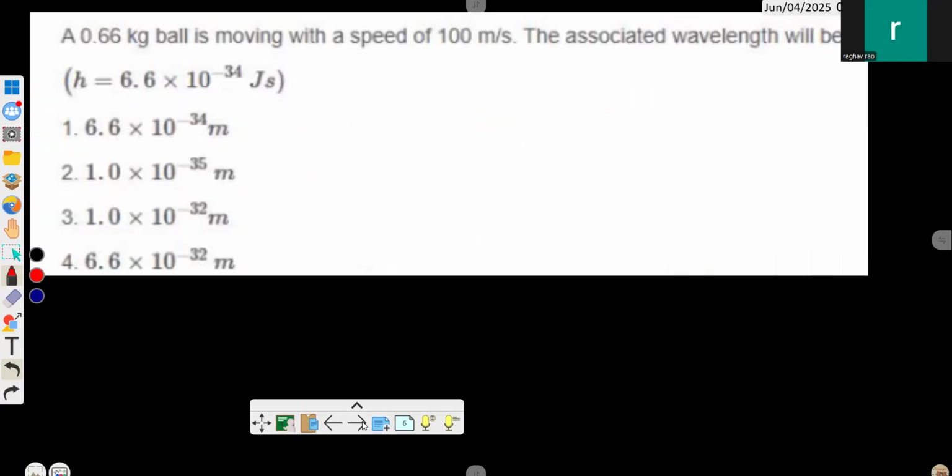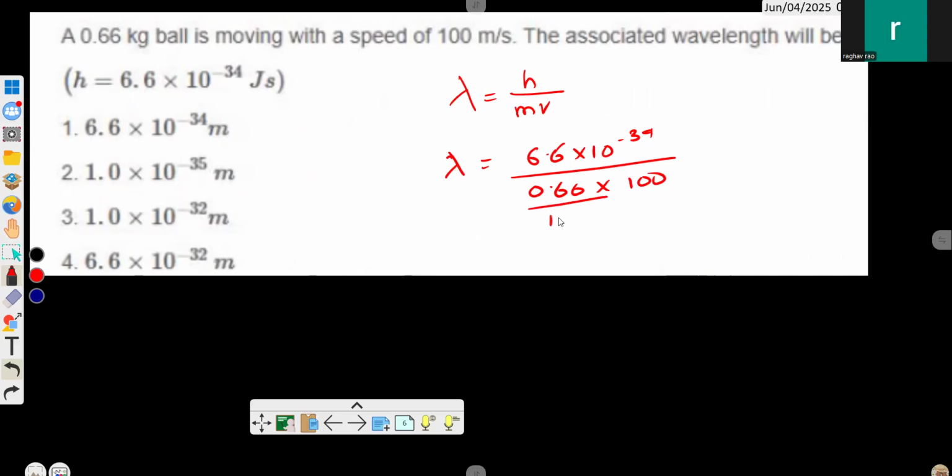Next, a 0.66 kg ball is moving with a speed of 100 meters per second, and the associated wavelength is asked. For any particle, the wavelength is given by de Broglie's wavelength. Lambda equals h by mv. Lambda value is what we have to find out. So 6.6 into 10 power minus 34 upon mass 0.66 kg into 100. 0.66 can be written as 66 by 100, so I can cancel out this 100 with this 100.